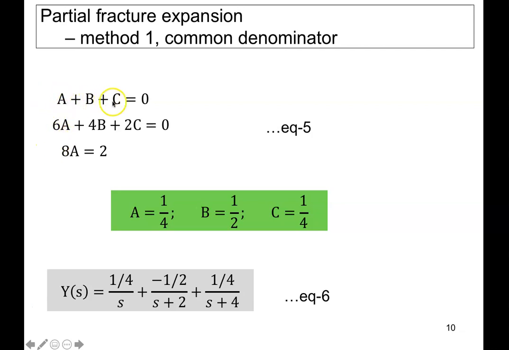A plus b plus c, these are the coefficients of s squared. They should be 0 because I have no s squared in my original transfer function. Second one is 6a plus 4b plus 2c equals 0.